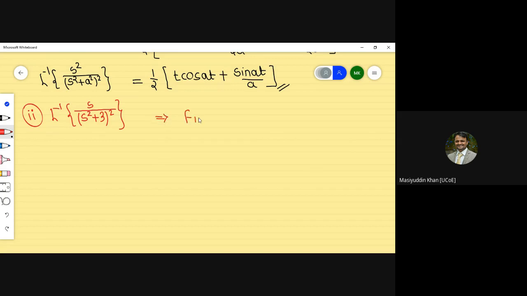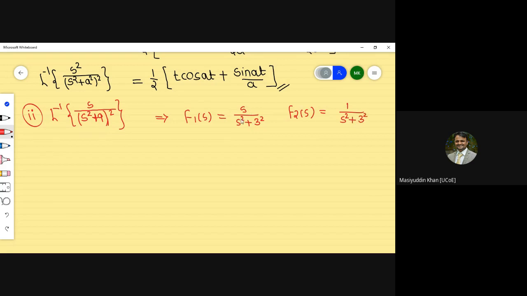The function will be f1 of s equal to s upon s square plus 3. Instead of 3 we have to take something simple, otherwise you will have difficulty later. So 9, that is 3 square, and f2 of s we take as 1 by s square plus 3 square.